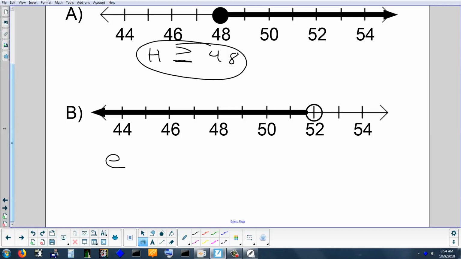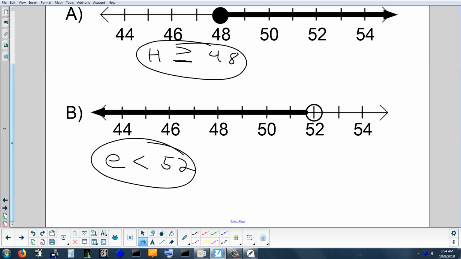Paolo, what's the name of the symbol when it points left? Less than. So E is less than what number? Gigi? 52.